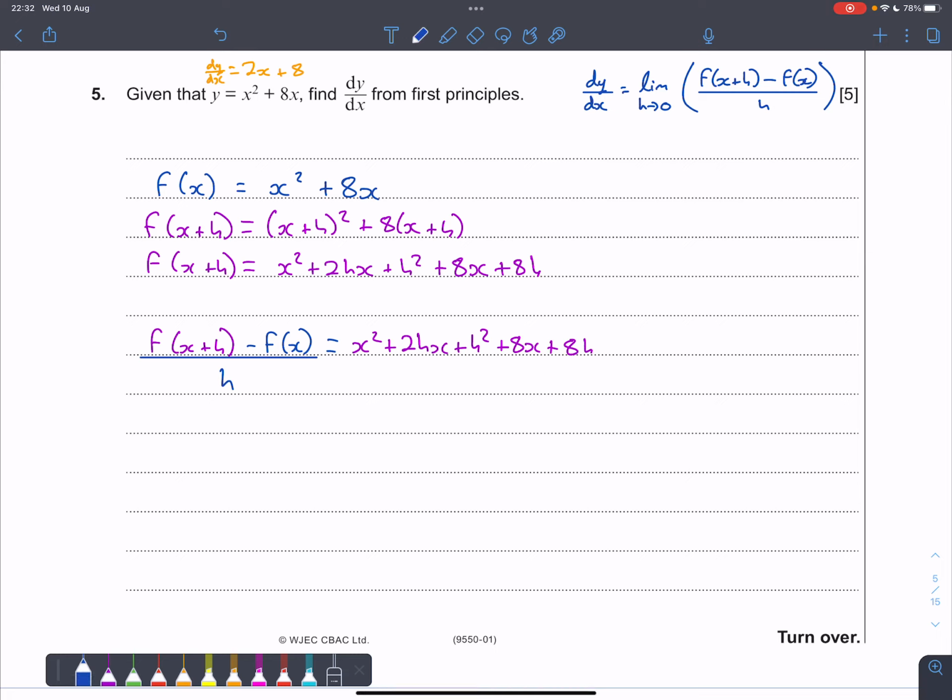Then I need to subtract all of my original function, which is x squared plus 8x, so I put that in brackets because I'm subtracting the whole thing, all over h.